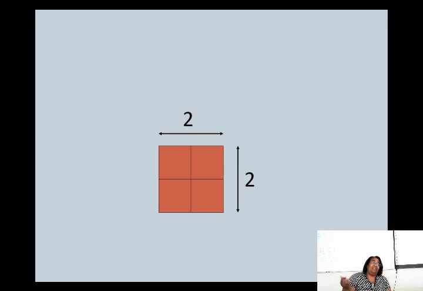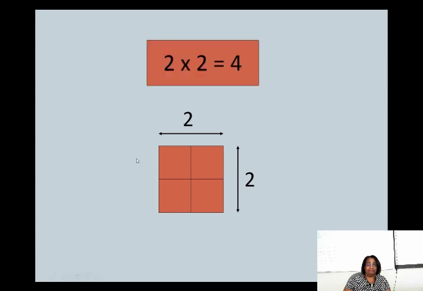Basically, if you're given the square root of 4, you know that's 2, because there are 4 squares here. But to get these 4 squares, I had to take 2 times 2. So the square root of 4 is 2. Now, that 2 can be positive or negative, but we're not doing positive or negative numbers right now. We will in a couple of weeks.